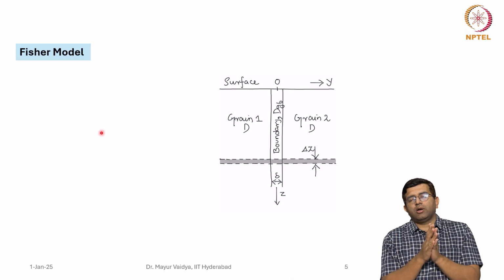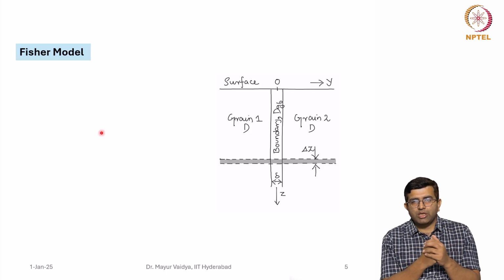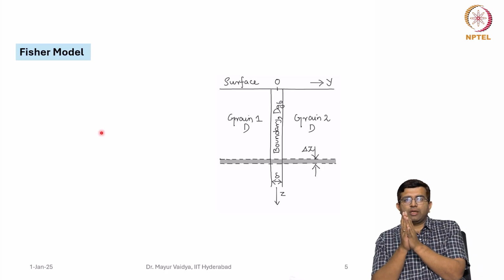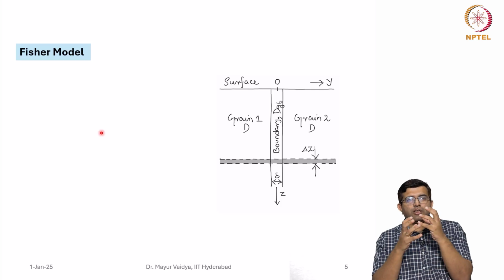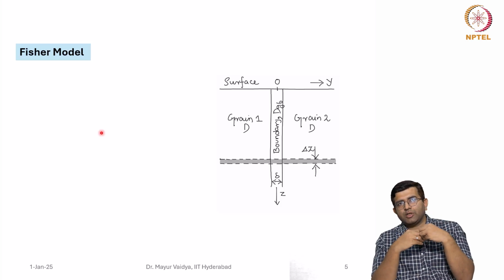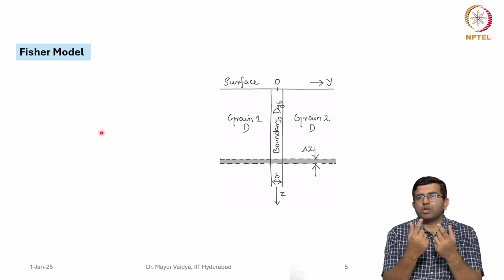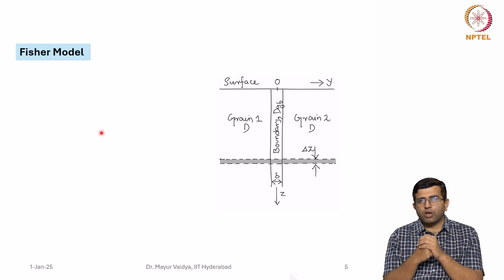Even in non-isotropic materials, you can have certain linear combinations and work it out. But the grain boundary is a 2D defect, and it is not easy to describe the diffusion through grain boundaries only in one dimension. The reason I will explain shortly.